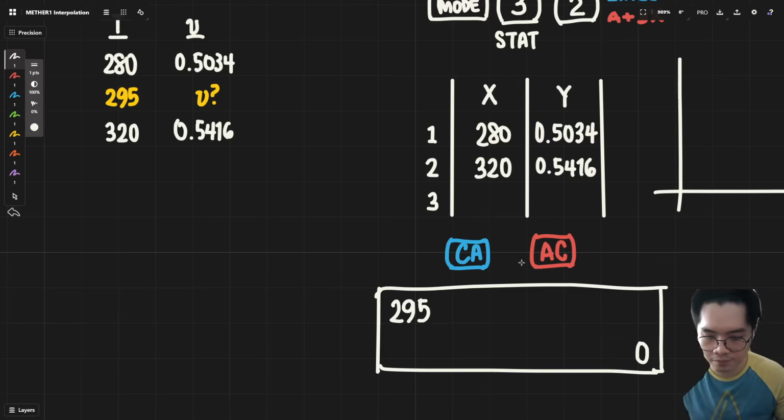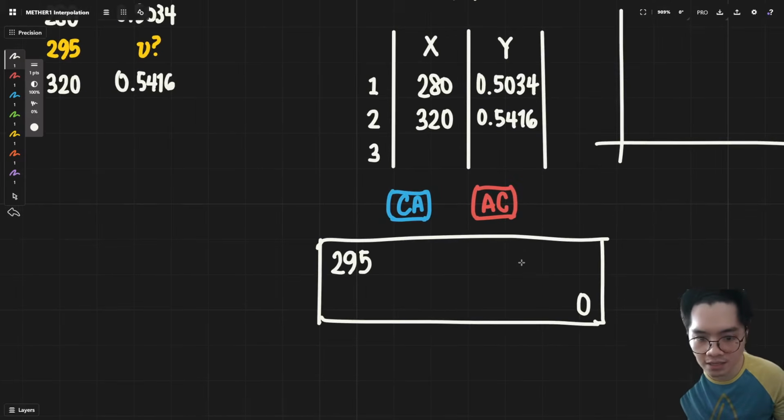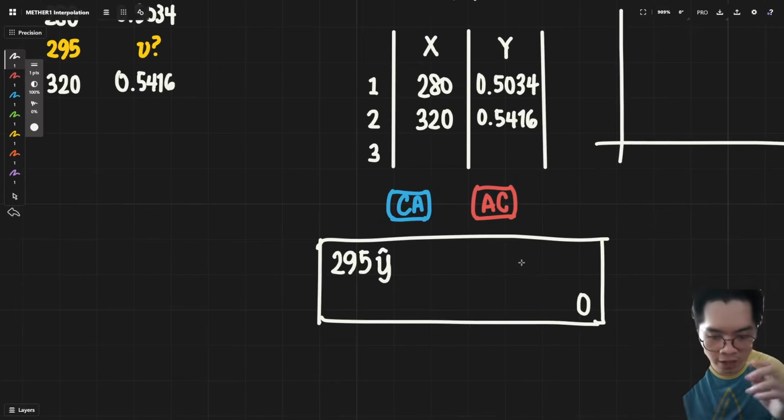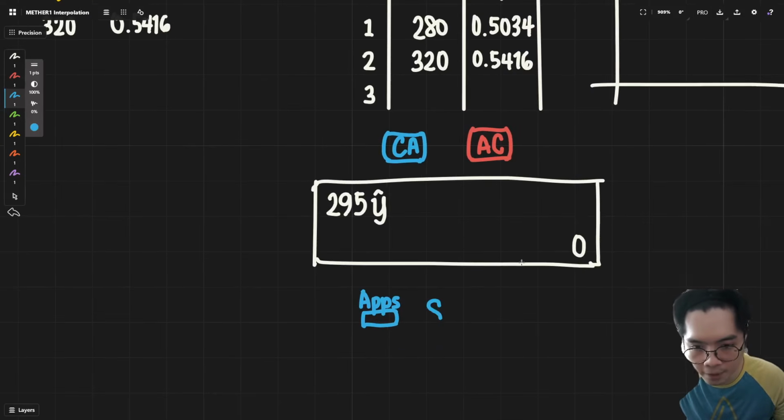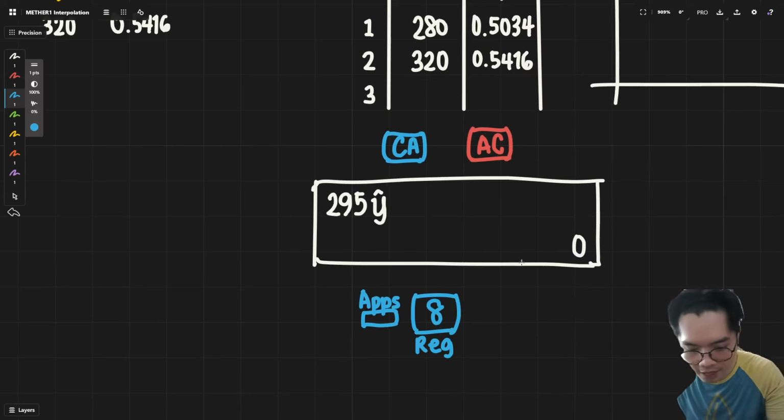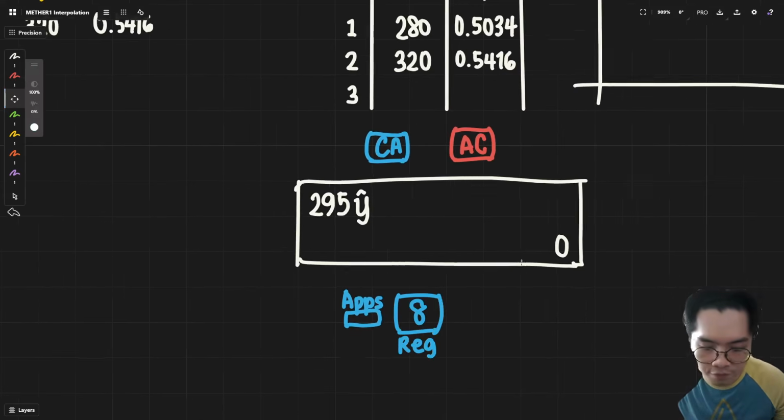And so now, what you will access is Y hat. Where do you access Y hat? Well, for the Canon first, we will look at the apps button. Once you get there, you will look at number 8, which is regression. And then you look at number 5.